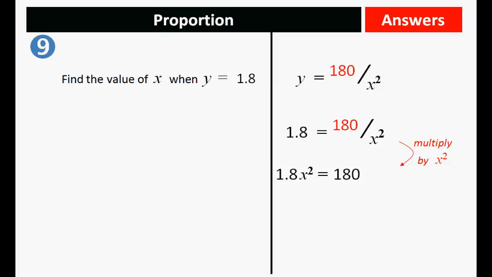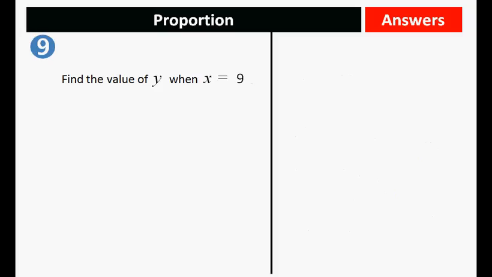Well, we're trying to find out what x is, so let's divide both sides by 1.8, and we get that x squared is 100. So if x squared is 100, x must be the square root of 100, so x is 10. So when y is 1.8, then x is 10.